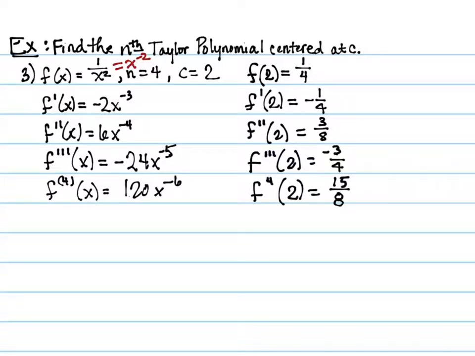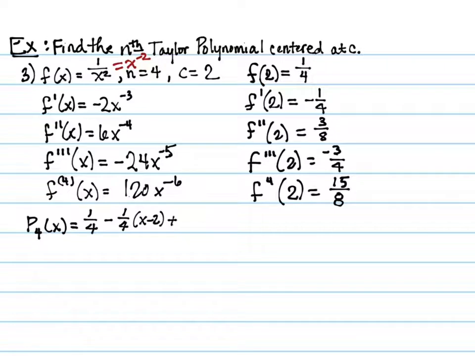Okay, so this is also alternating, right? It is. All right, let's go ahead and put our polynomial together. P4 of x is equal to 1/4 minus 1/4 times x minus 2. Remember, I've got the polynomial x minus the constant value c.